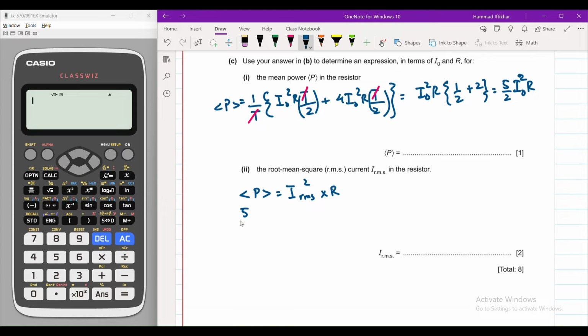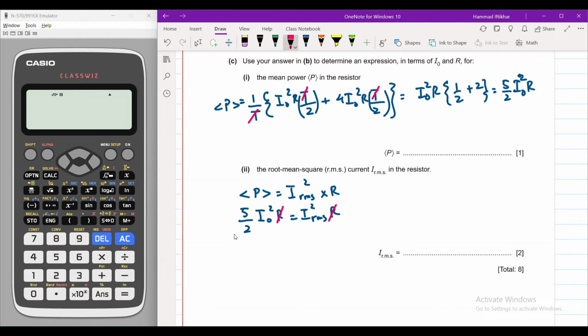So mean power, 5 over 2 I naught squared R, is equal to I squared RMS times R. R and R get cancelled.